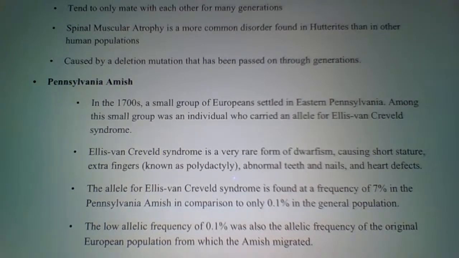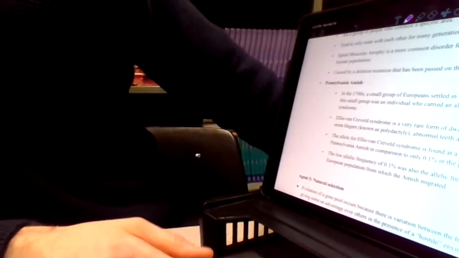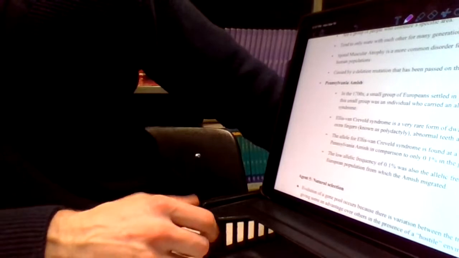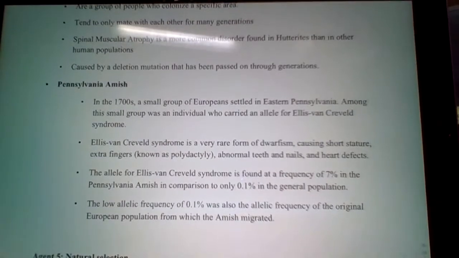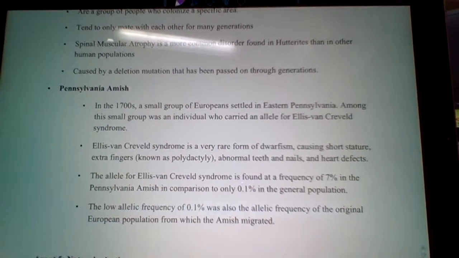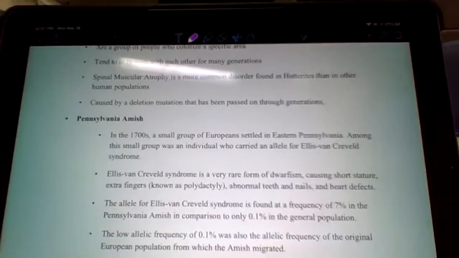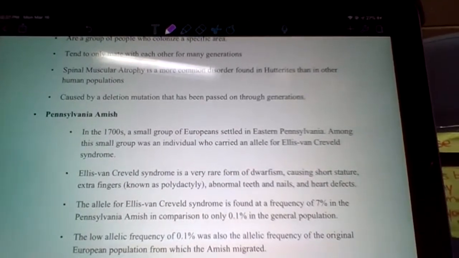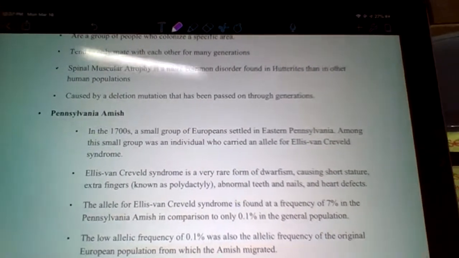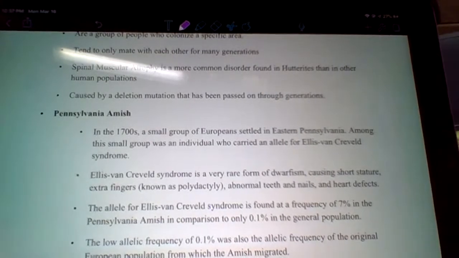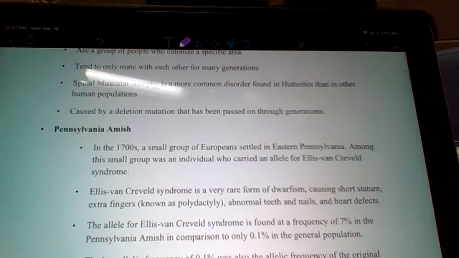So this syndrome is found in about 7% of the population of the Pennsylvanian Amish, but in the larger North American population or European population that they descend from, we see only a 0.1% frequency. So this is a change in frequency.